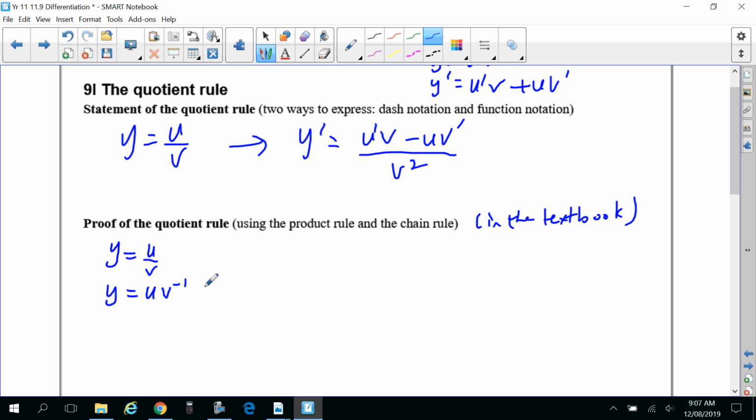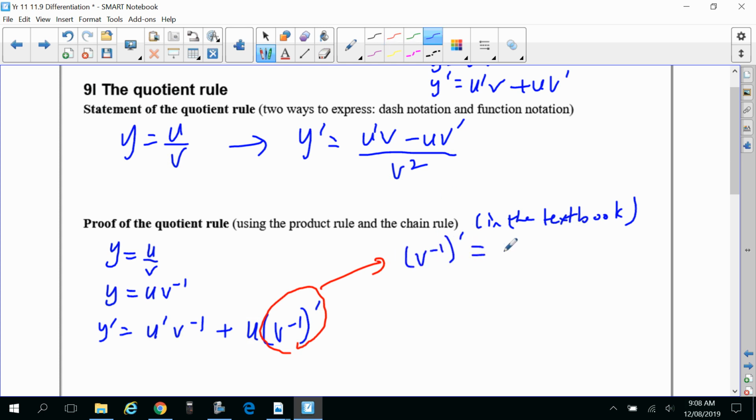Okay, now let's differentiate it. So using the product rule, y dash equals u dash v plus u times (v to the power -1) dash. And that requires further investigation. How do I dash the v to the power -1?